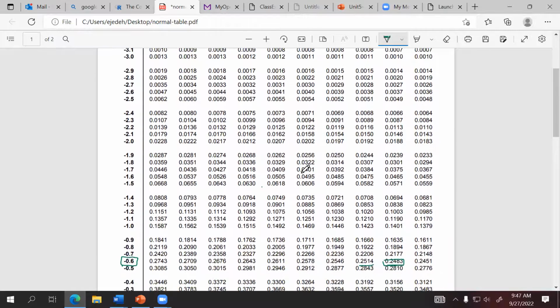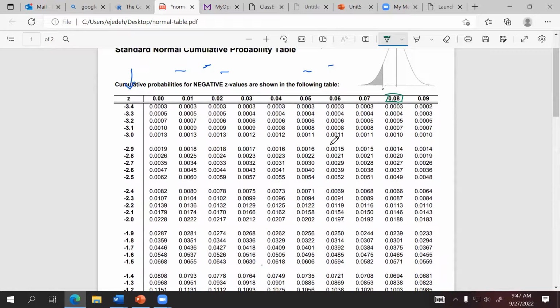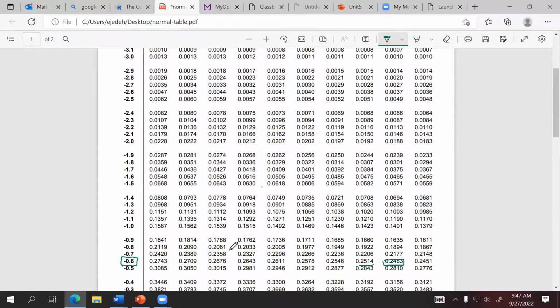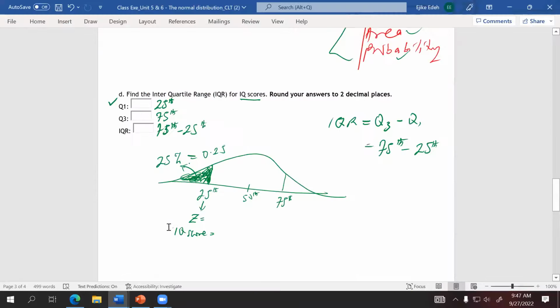That simply means your z value is negative 0.68. So we go with the z value of negative 0.68 back to the question. At this 25th percentile, the z value is negative 0.68. But the question is, what is the equivalent of negative 0.68 in IQ scores?